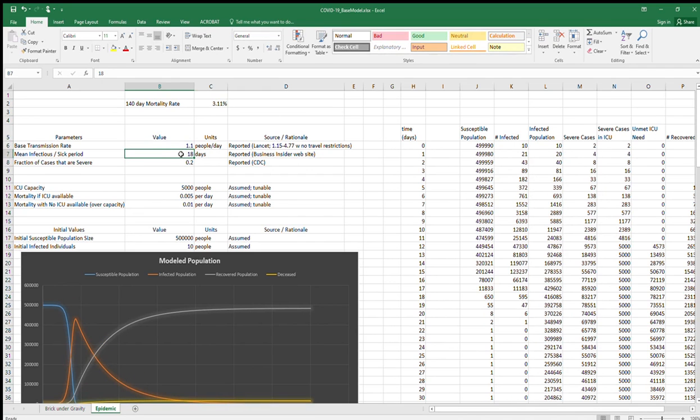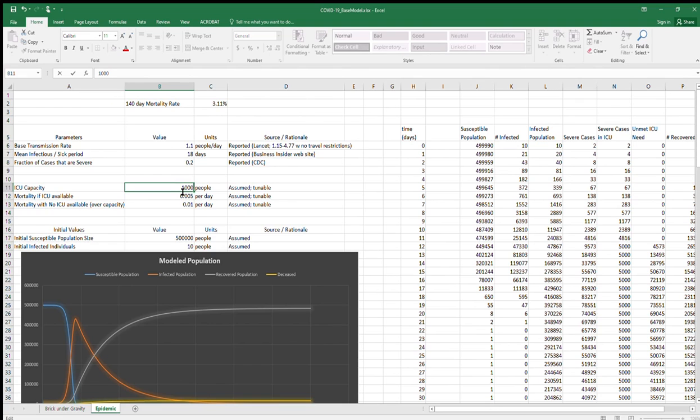I'll return these to the initial values and ask one other question. What happens if we change the number of hospital beds? So one thing that has been proposed as a possible solution to this is what happens if we just set up a bunch of field hospitals and offer treatment to anybody who comes in the best way that we can.